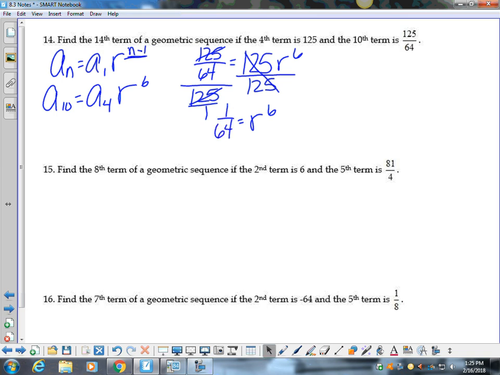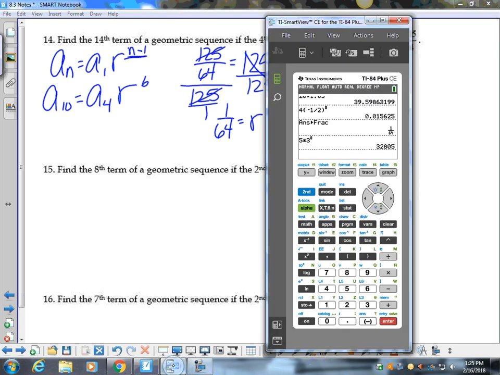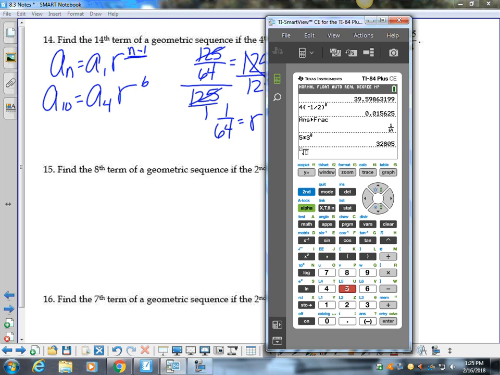Then to solve for r, I need to take the 6th root. So I'm going to make sure you know how to do that on your calculator. If you go to math and look at number 5, like number 4 is the cube root, number 5 is any root. So I think on mine, I hit 5 and it lets me plug it in. If you have the old calculators, you have to type in your 6 first and then hit that button under math and then type in your 1 over 64.